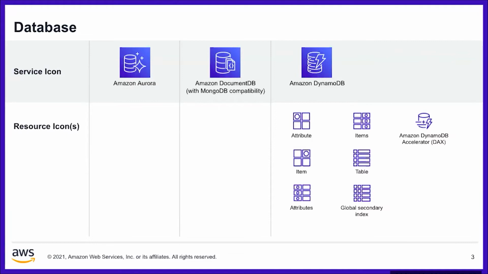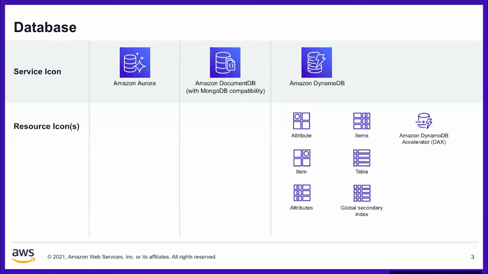We all know that. There are other terms based on those newest databases, which are not common in traditional databases. Like for DynamoDB, they have used attributes, items, tables. Those are particularly dedicated to DynamoDB itself.